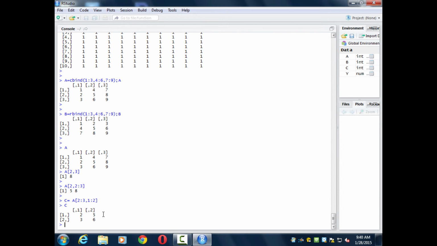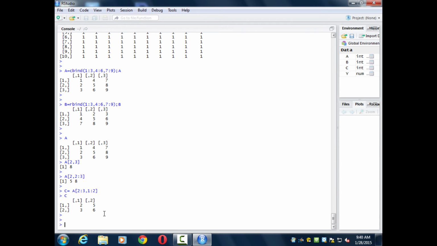We can also do replacements, okay? And maybe this is a good time to point this out. If we were meaning to address an entire column or an entire row, we could do that by simply leaving that space blank.